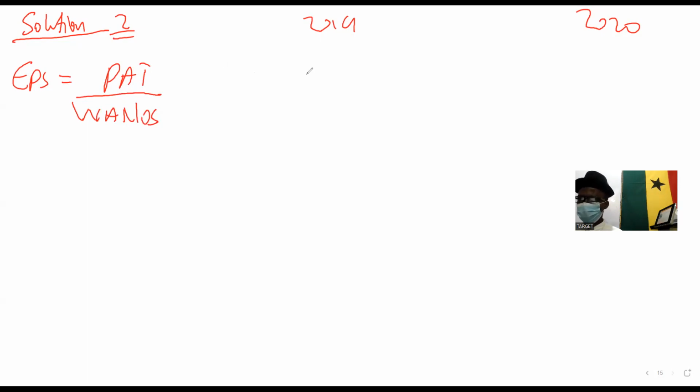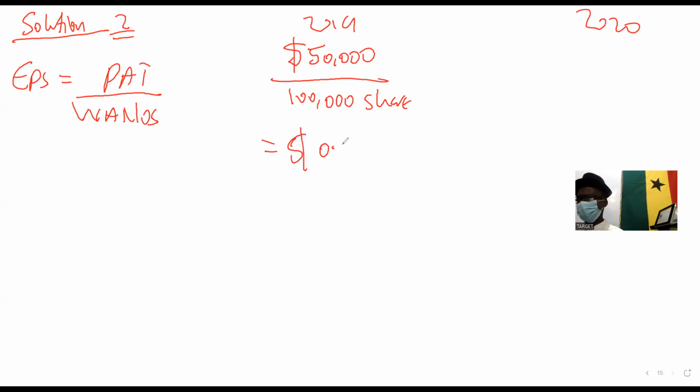Still in 2019, the earnings after tax is $50,000. Number of shares is still 100,000 shares. It gave us $0.5 or 50 cents per share.